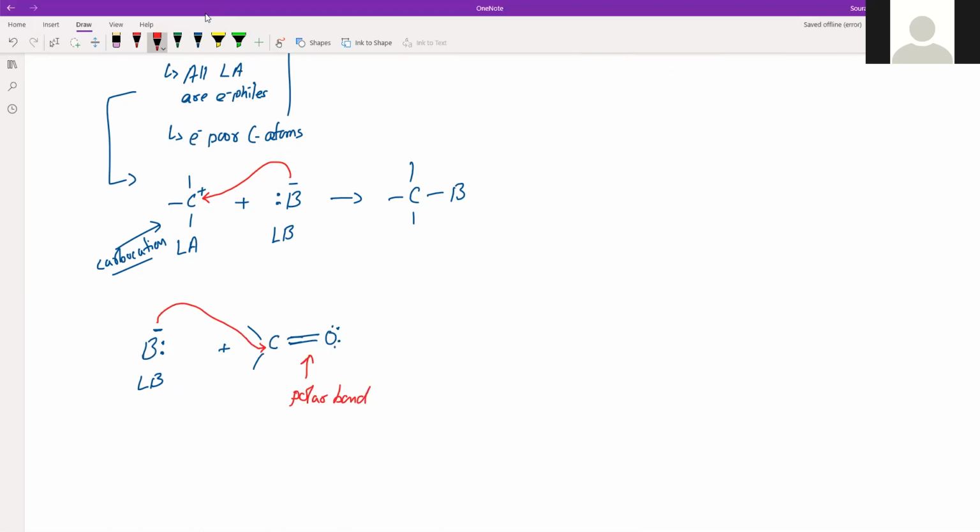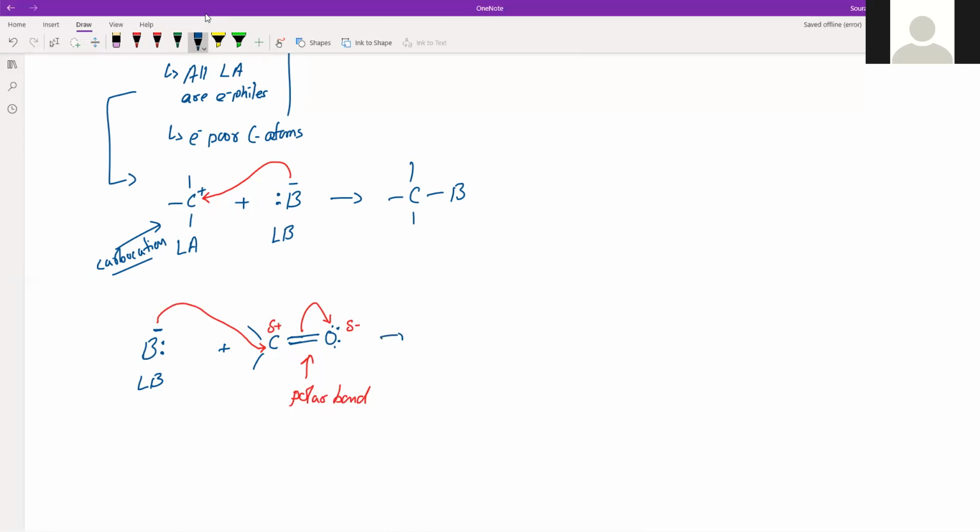Polar bond means there is polarity, two poles, positive and negative. The positive pole will try to attract electrons. A pole becomes positive by losing its electron, but here it doesn't lose it completely. There is a poor transfer of electron, not a complete transfer. That's why a slightly positive charge develops here and a partial negative charge develops here.